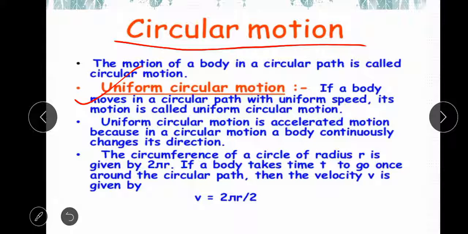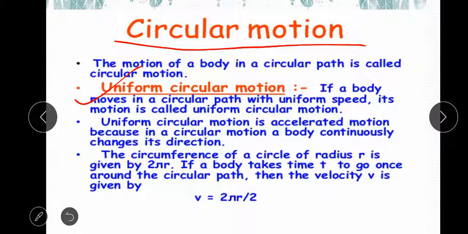In uniform circular motion, the velocity is given by tangents, and due to continuous motion, the tangents will be in different directions. Therefore, this changing direction varies the velocity, hence the acceleration.